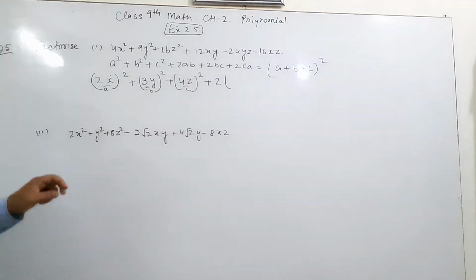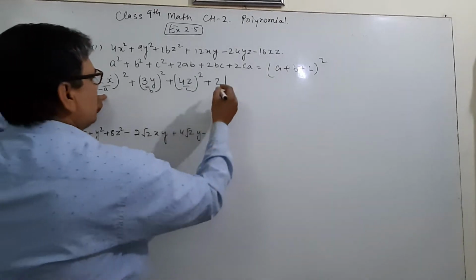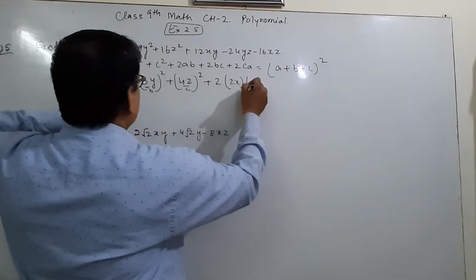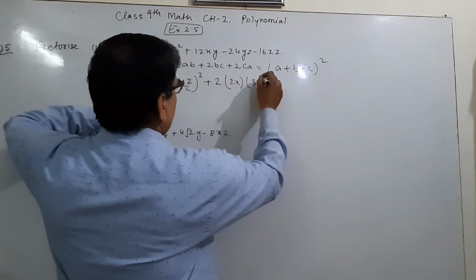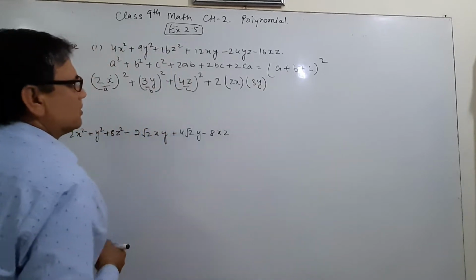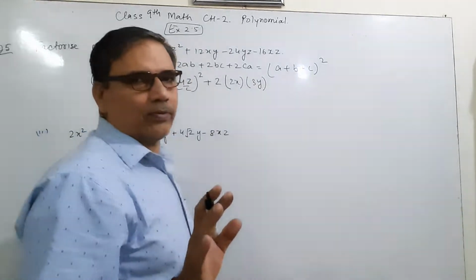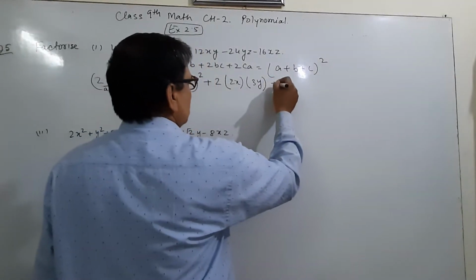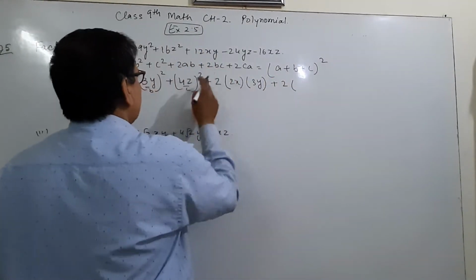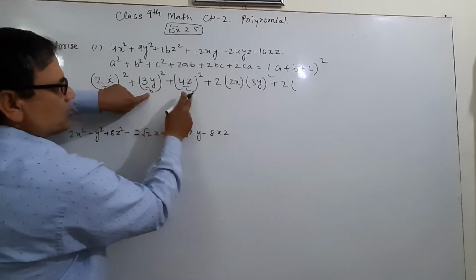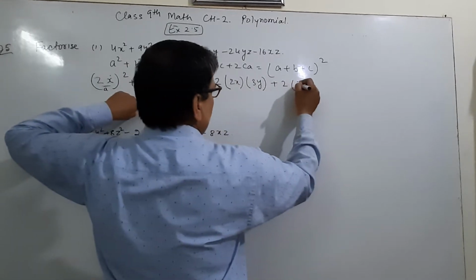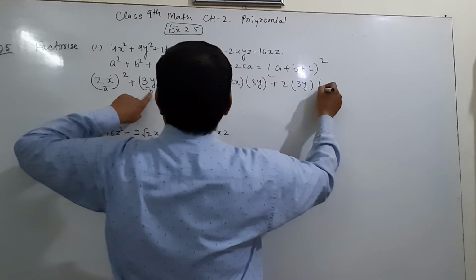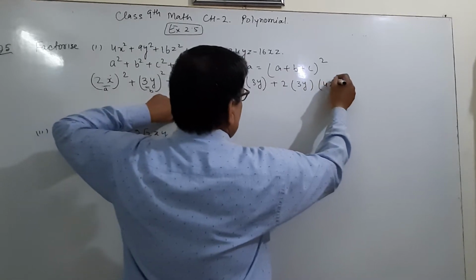Please check. 2a, what is a? 2x. And what is b? 3y. Simply I am writing, I am not writing any negative sign. Plus 2, here is BC. This is your B and this is your C. B is 3y and C is 4z.